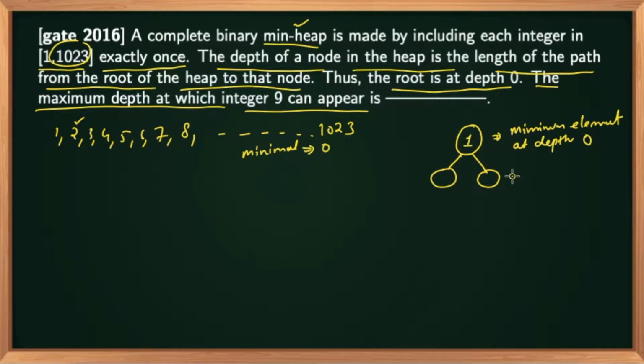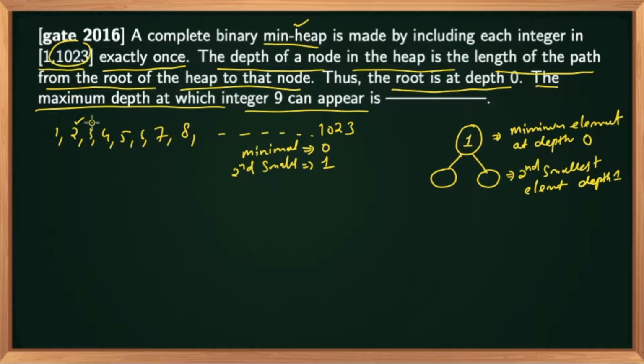So what I know is now the second smallest element will always be at depth 1, right? So second smallest will be at depth 1.